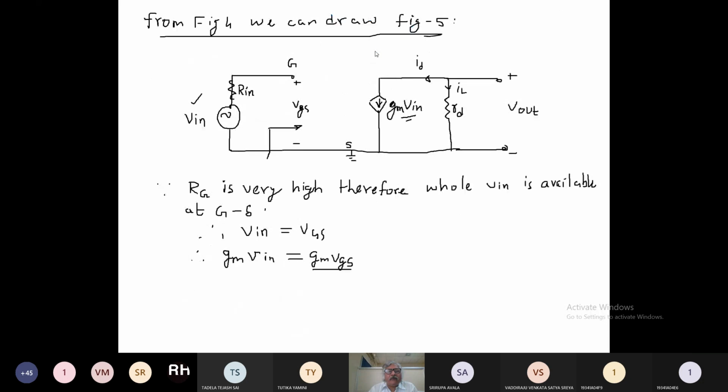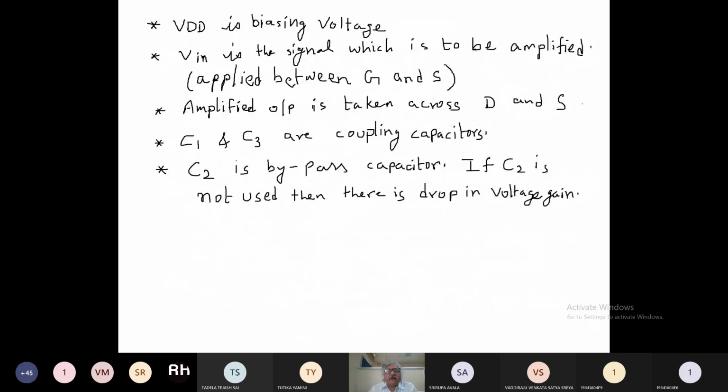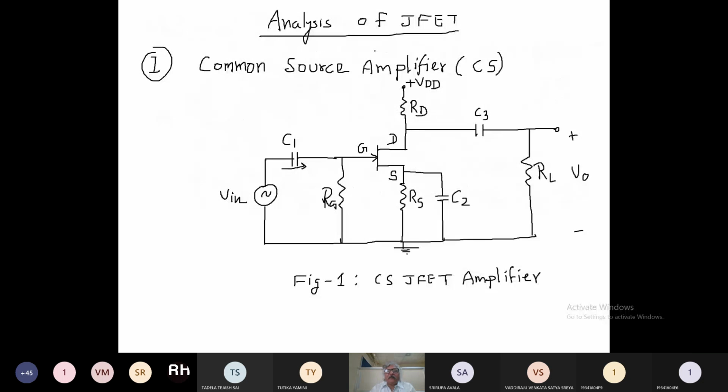So see, in case of common source, this is a common source amplifier, right? In case of common source amplifier, the output is taken across the drain terminal and the ground, right? So the output you have taken across this drain.